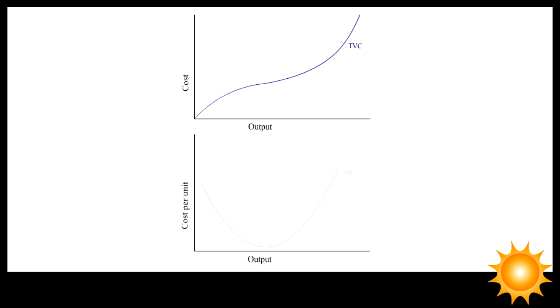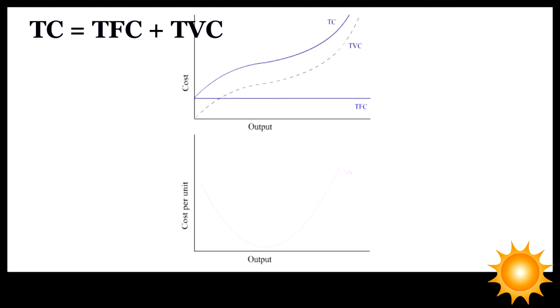When the cost of fixed inputs is added, TVC is simply shifted up by the same amount over the whole range of output. The result is therefore total cost, TC, which is the sum of total fixed cost, TFC, and total variable cost, TVC.